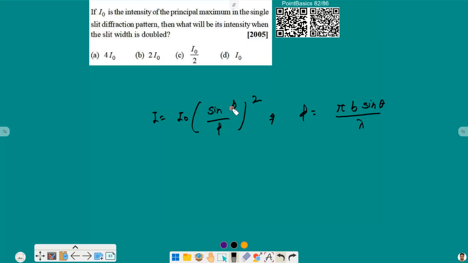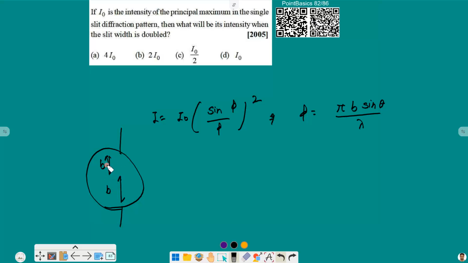So here the behavior, as we have sine phi by phi, will be quite complex to analyze. But what we can do here is consider that initially this was the slit width b. Then we have doubled it. So we consider it as another slit with width b.